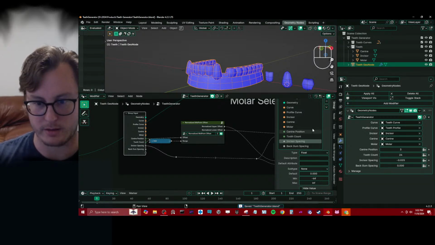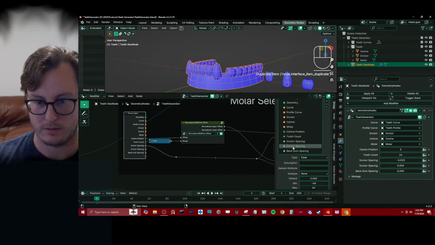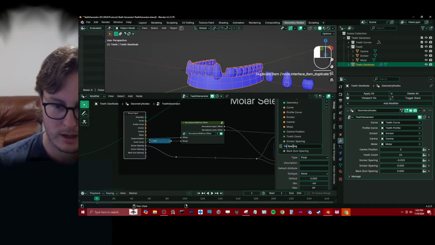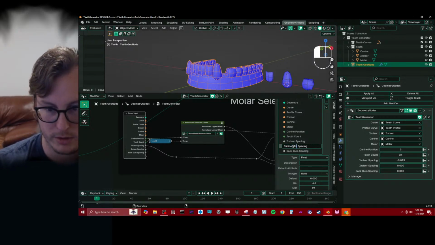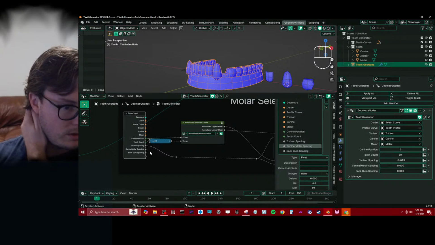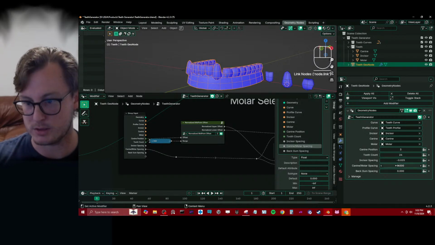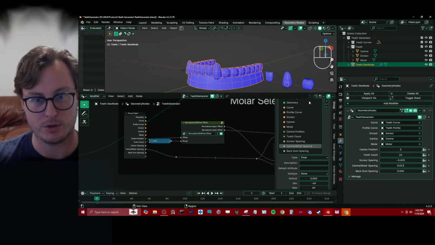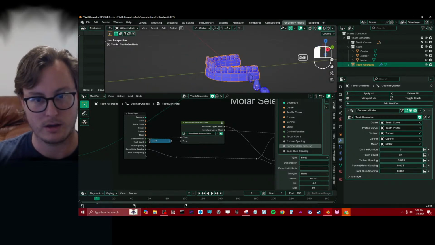Then we should have another value for canine/molar spacing. And this is actually what we want to adjust right here, so that way we can push this forward. Okay, perfect. I see it working now.